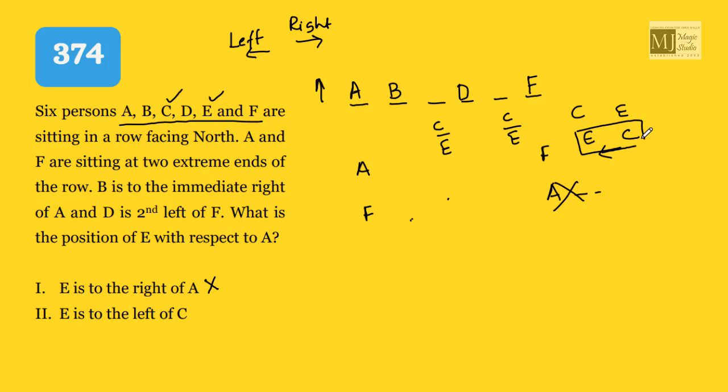So we can have E here, C here, and then we can answer what is the position of E with respect to A. That means statement 2 alone is sufficient to give us the answer to this given question. Yes, data is sufficient. Statement 2 is sufficient alone. Option B fits in.